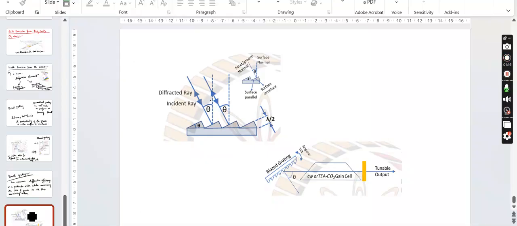So this is the retro mode operation, the diffracted ray and incident ray at the same angle.